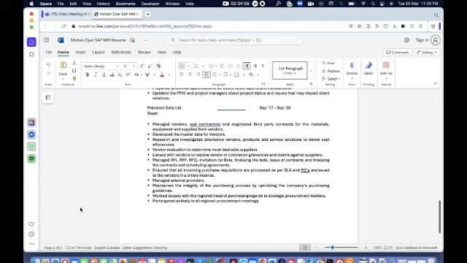Which areas are you very strong in SAP MM? I guess the procurement cycle. What are the purchase organization assignments in SAP MM?